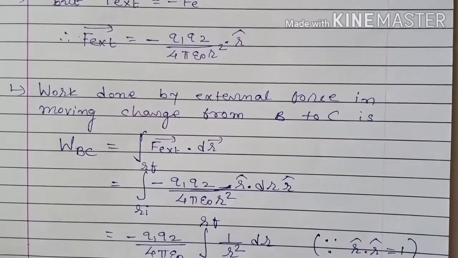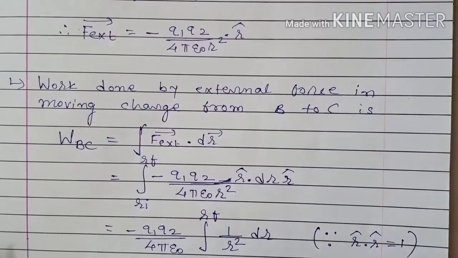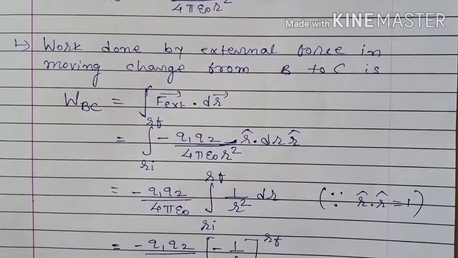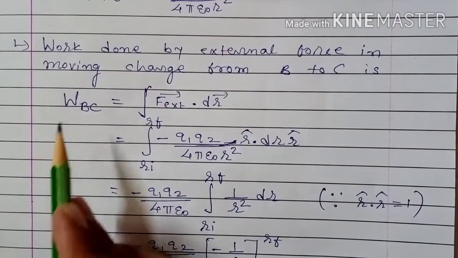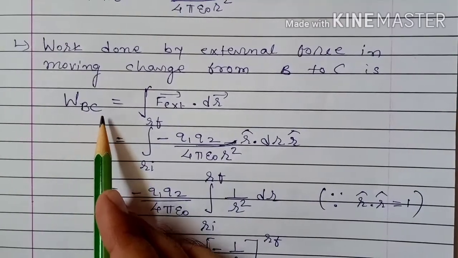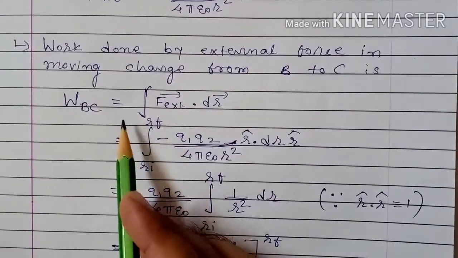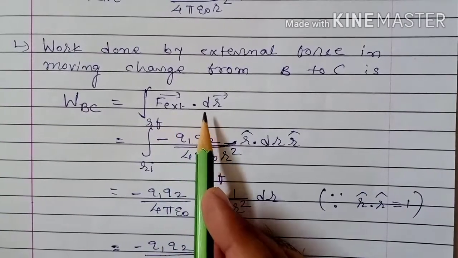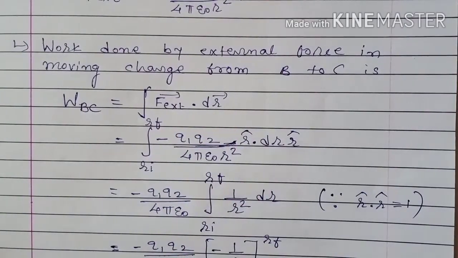And we know the formula of work done by variable force. Work done by variable force is given by integration of F vector dot dr vector. Work done in moving charge from B to C is equal to integration of F external vector dot dr vector.